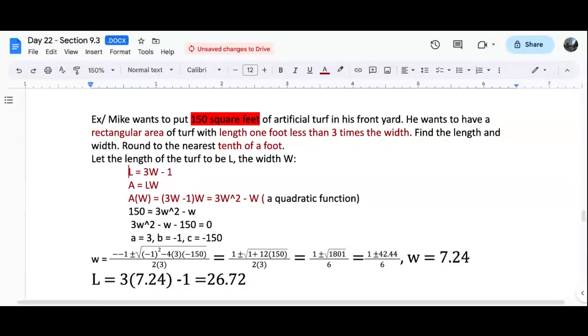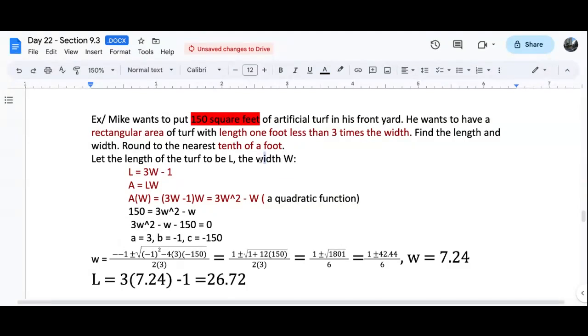Let's see this example. Mike wants to put 150 square feet of artificial turf in his front yard. He wants to have a rectangular area of turf with a length 1 foot less than 3 times the width. Find the length and width of the turf, rounded to the nearest tenth of a foot.